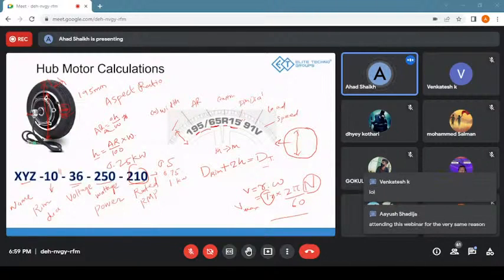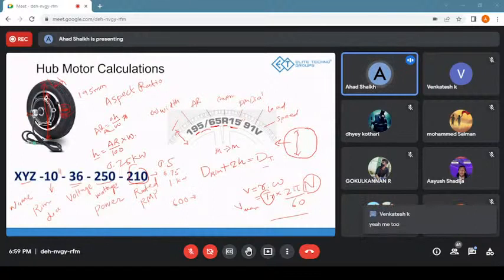You cannot go beyond 600 or 700 RPM, and that's the limitation. If you calculate velocity, you won't go beyond 55 to 60 kmph at max with BLDC motors. So that sort of limitation is associated with using BLDC hub motors.